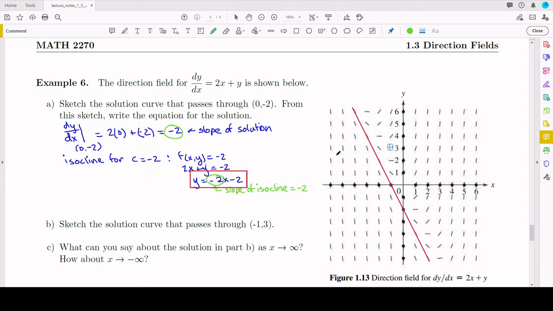And we see that our solution is curving slightly upward. And if we continue that, we see that our solution is probably doing something like this.